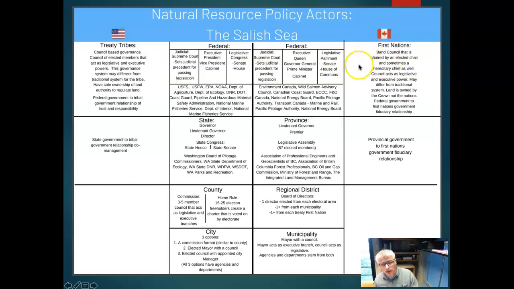For First Nations, there's a band council, and most treaty tribes will have a council or a senate. First Nations often talk about a band council. They're pretty similar. Here there's still a federal government tribal relationship, and that's relatively similar on both sides.